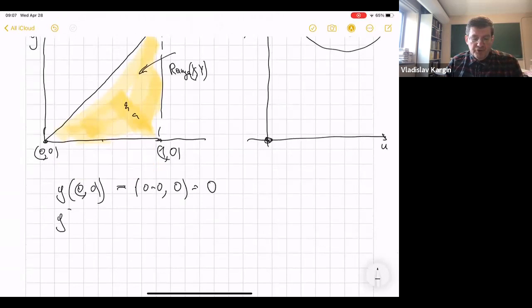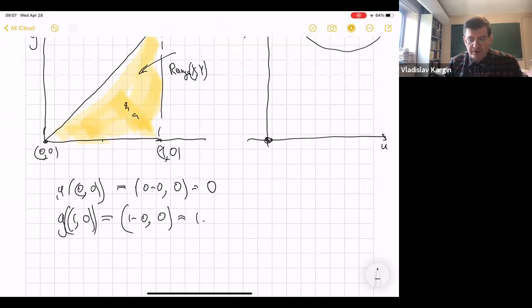The second point, g of 1, 0, is 1 minus 0 and 0, so it goes to 1, 0, to itself.